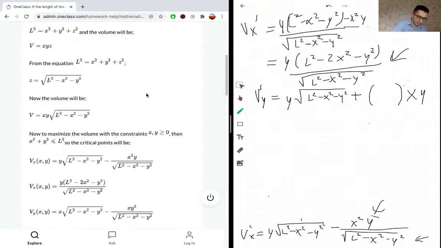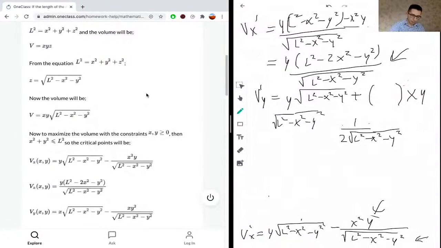So the derivative of square root L squared minus x squared minus y squared. So we're trying to find the derivative of that with respect to y. So we know the format that this is, the derivative is 1 over 2 square root y. So knowing this, we'll do the derivative of the outside, which is 1 over 2 square root L squared minus x squared minus y squared, multiplied by derivative of the inside component.